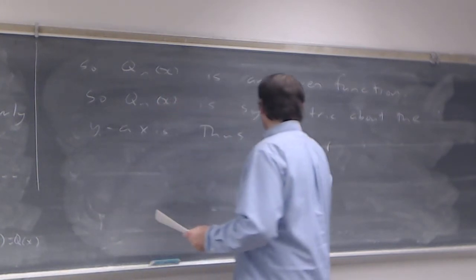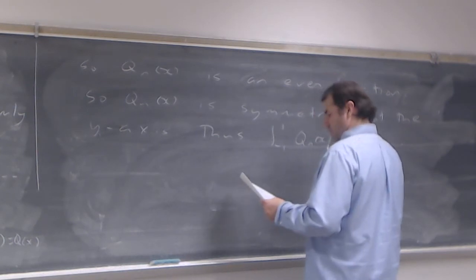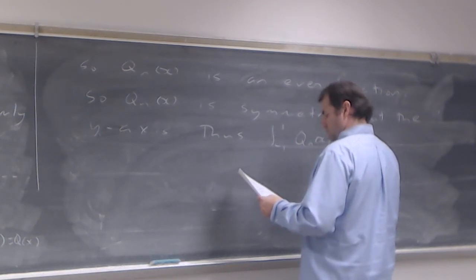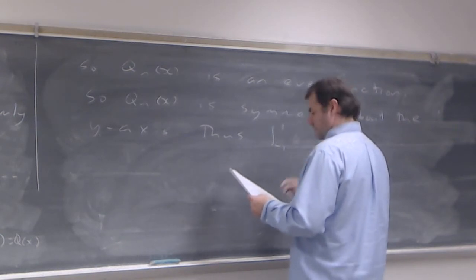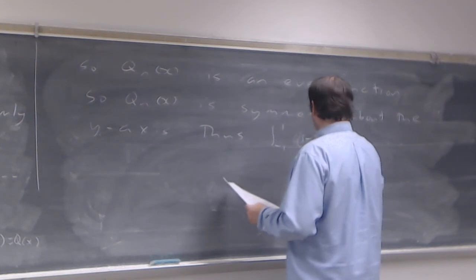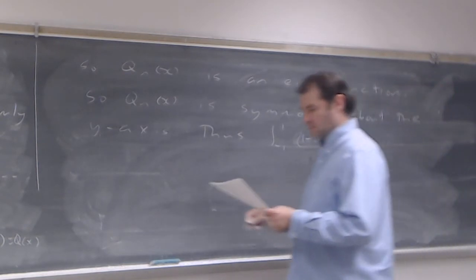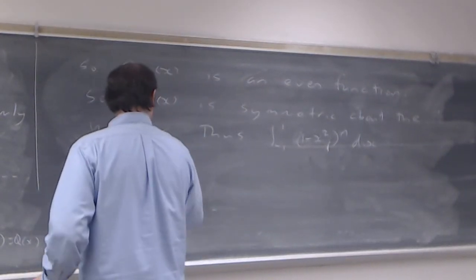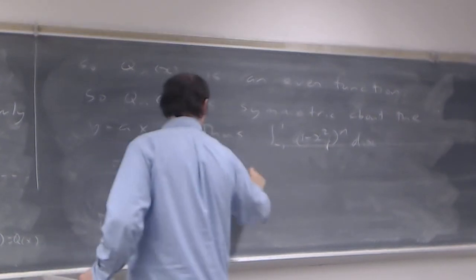The integral from minus 1 to 1 of, let me just talk about 1 minus x squared raised to n, that part of q of x, dx, is going to be equal to 2 times the integral from 0 to 1 of 1 minus x squared raised to n dx.